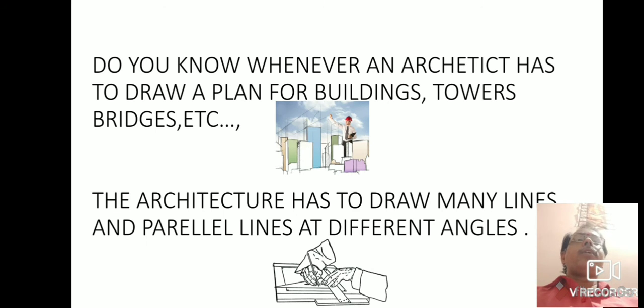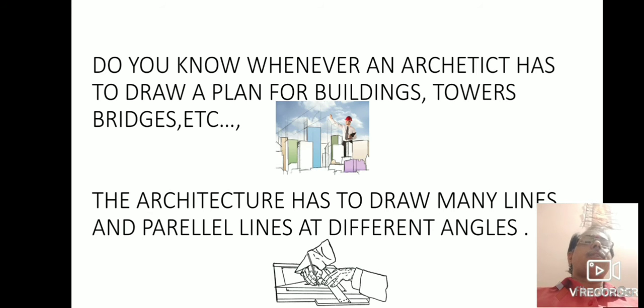Before constructing buildings, towers or bridges, he has to draw different angles and more lines on paper. That means he has to draw a model construction on paper in two dimensions. By this way we can understand this chapter is very useful in our daily life. So listen to this chapter very carefully; it is very interesting and a very easy chapter.